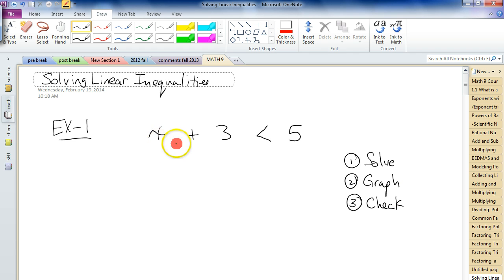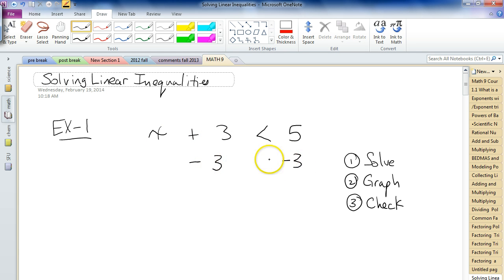So just like when you were solving equations, you have something like this. x plus 3 is less than 5. We want to figure out what x could be. So to figure that out, the rule is we get the letter by itself. Right now the letter is being bugged by the plus 3. So we subtract 3 from this side, subtract 3 from the other side.